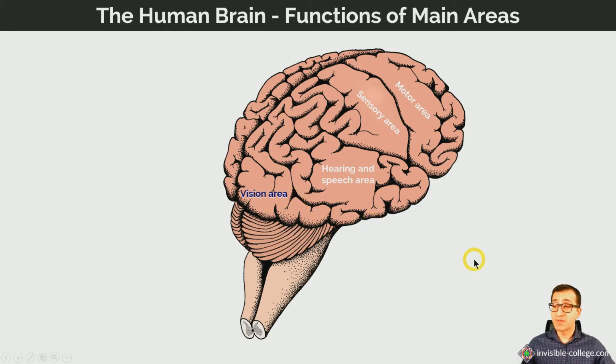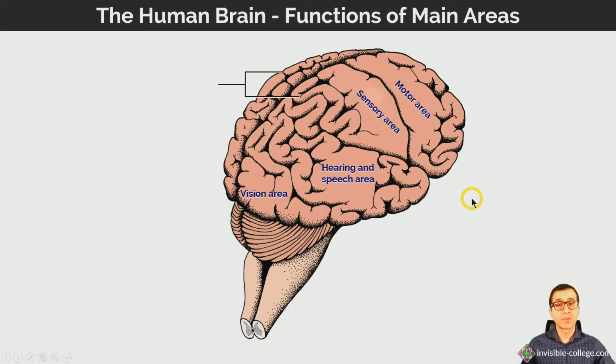We also have areas of the brain involved in hearing and speech, such as Broca's area. We also have the sensory cortex, which is the part of the brain responsible for interpreting the signals received from sensory organs in the skin, for example. And next to that is the motor cortex, which is responsible for sending signals to the muscles to cause contraction and movement of the limbs.